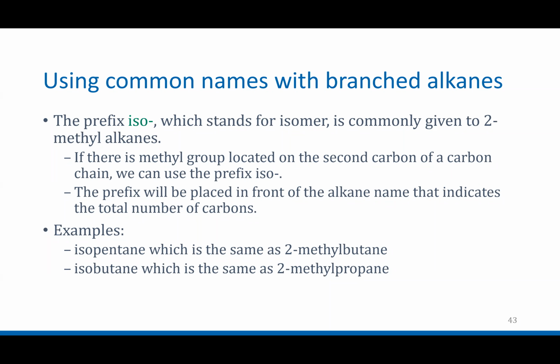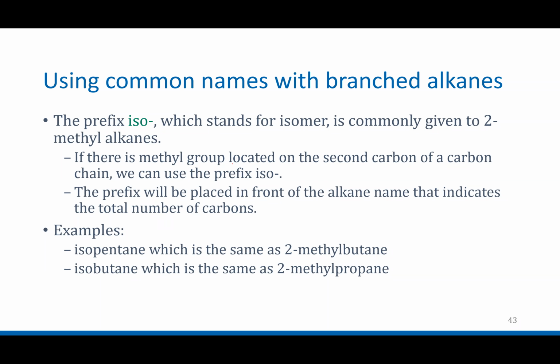Okay, so in this course, you're only expected to know 3 of these types of isomers. The first prefix is iso, which is short for isomer. The prefix iso is commonly given to 2-methyl alkanes, and I'll show you what I mean by this in 3 or 4 slides.